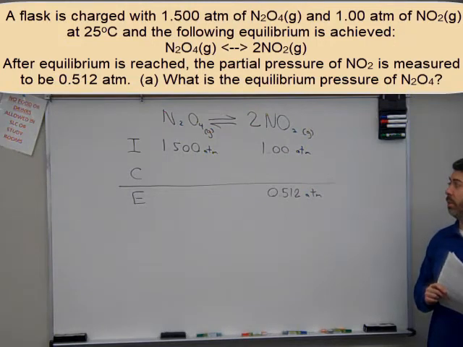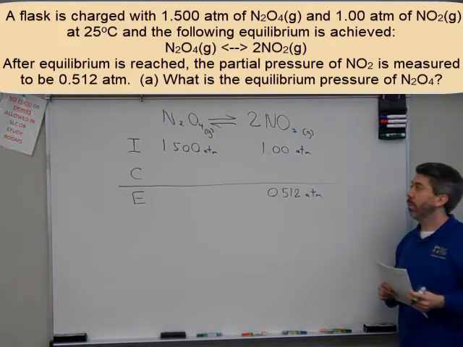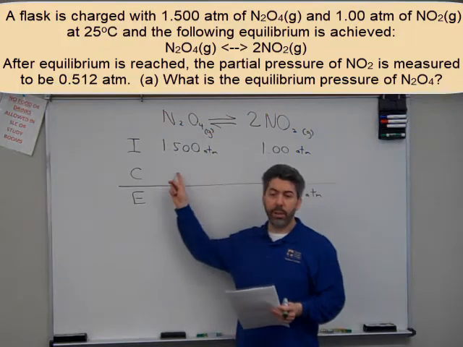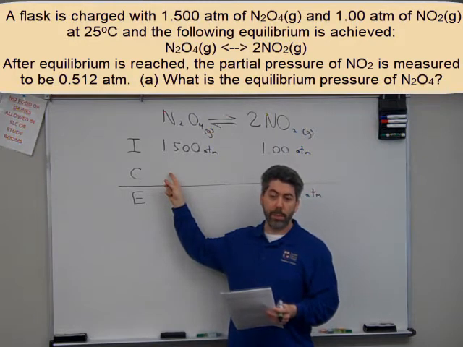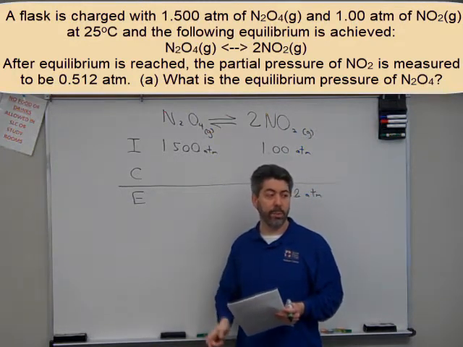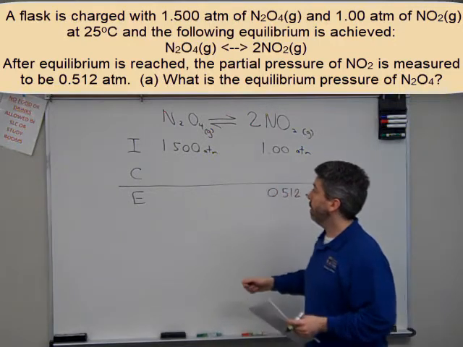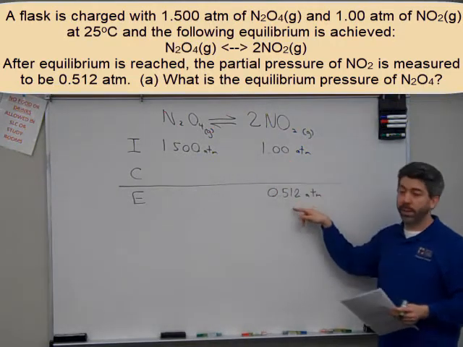It's gone down. So, you will not necessarily always put a subtraction sign in front of your reactant change. It could be minus or plus. You have to use the context clues to figure out which it is. In this case, this clearly is going down.